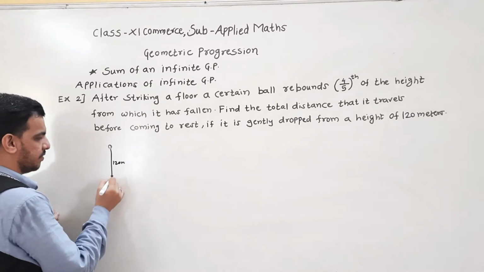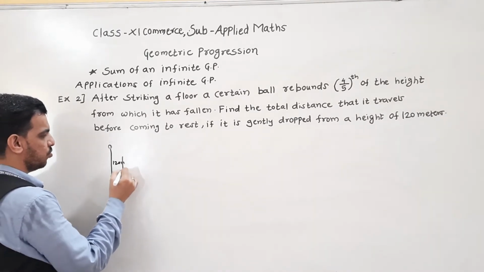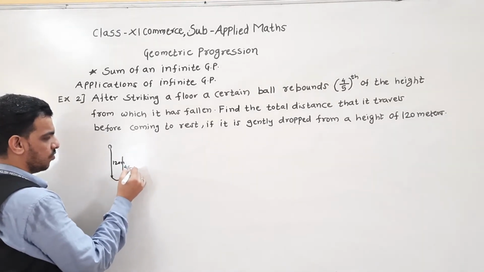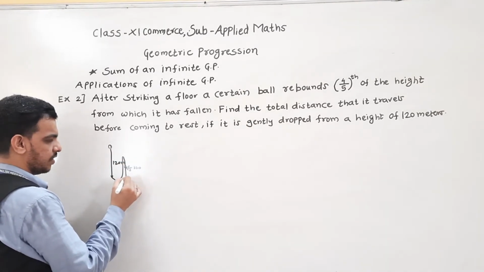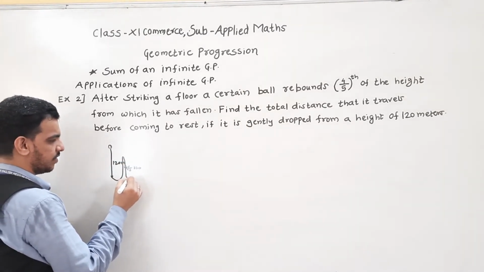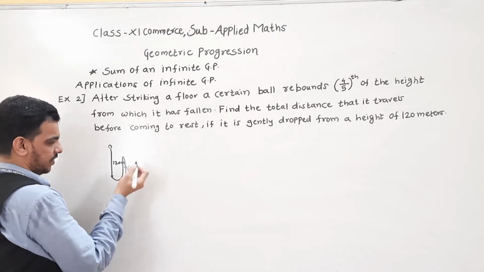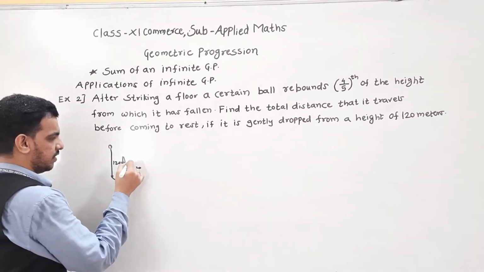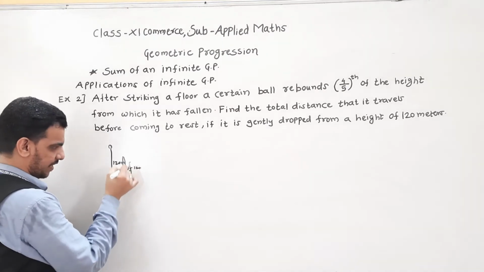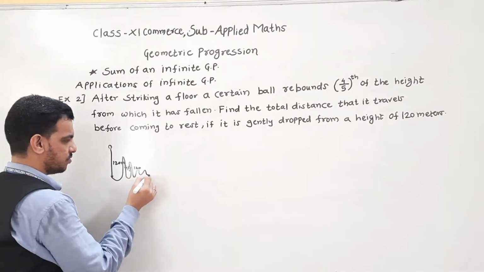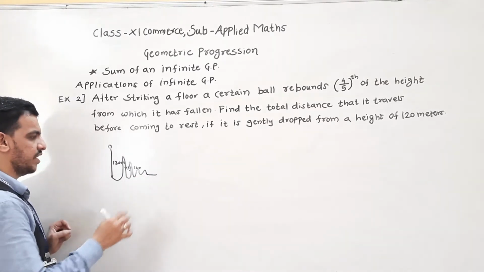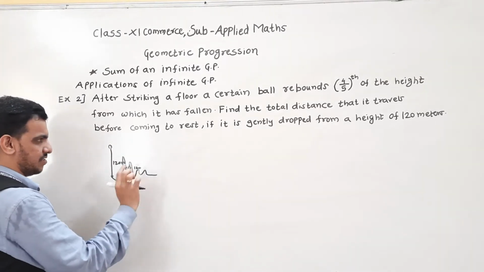It rebounds and goes up to 4/5 of 120, and again falls down. Similarly, the second time when it rebounds, again it goes 4/5 of this height and falls down, until it comes to rest. So we have to find this total distance.